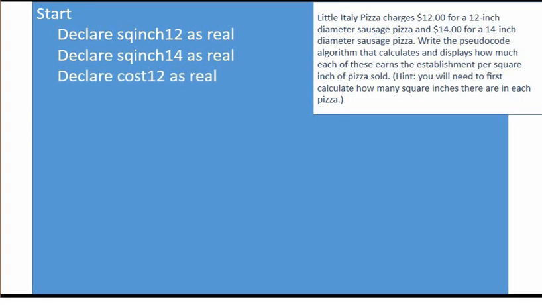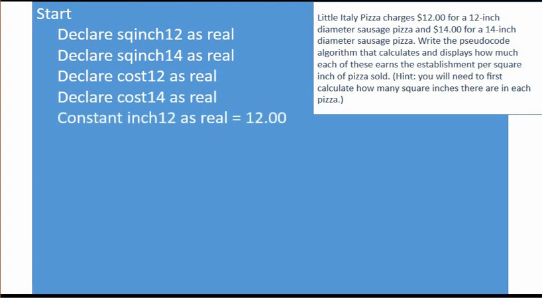Then I want to know how much the 12-inch costs, how much the 14-inch costs. And I have a constant, inch 12. It's going to cost $12. I have another constant called inch 14 for $14. And I'm going to use those to help me find the cost for each of those pizzas.